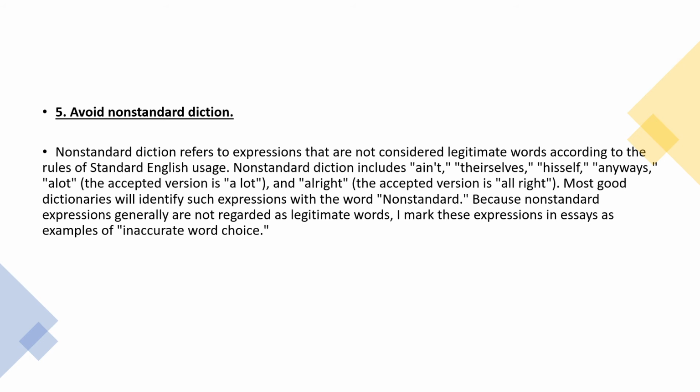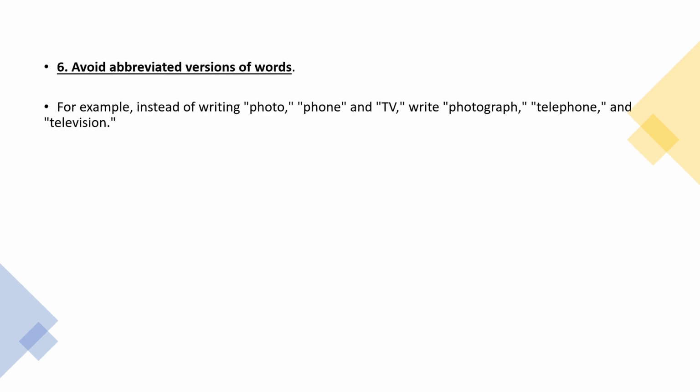So most good dictionaries will identify such expressions with the word non-standard. Because non-standard expressions generally are not regarded as legitimate words, I mark these expressions in essays as examples of inaccurate word choice. So the next rule is avoid abbreviated versions of words.